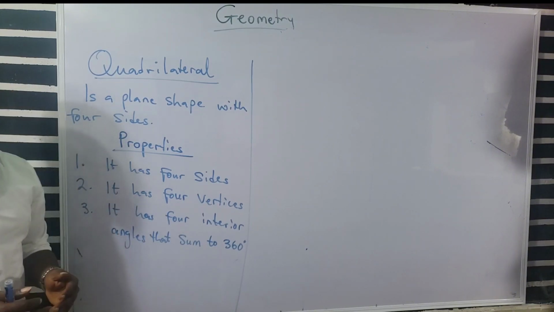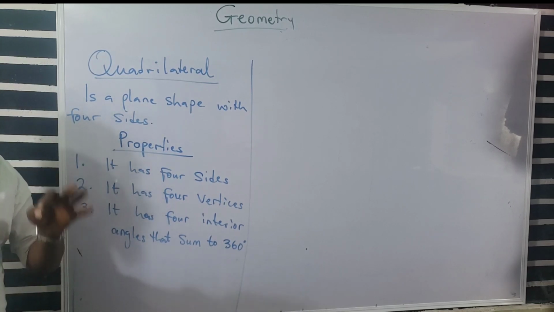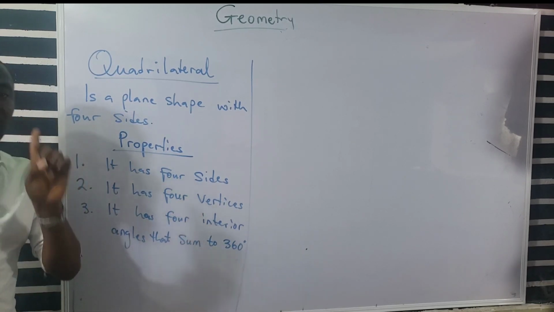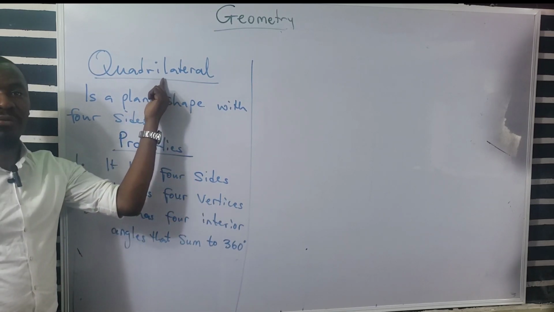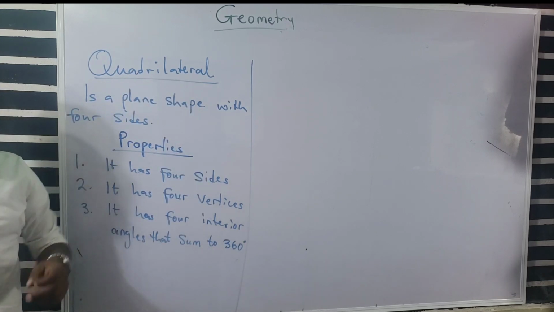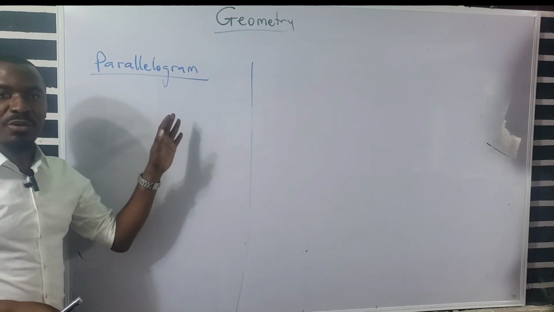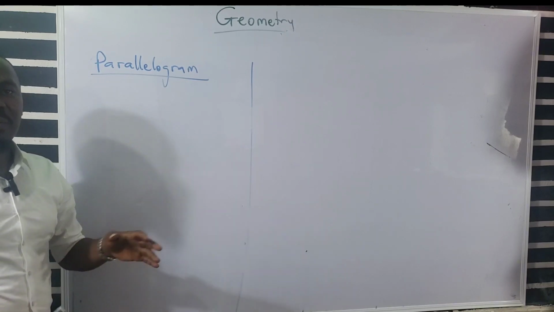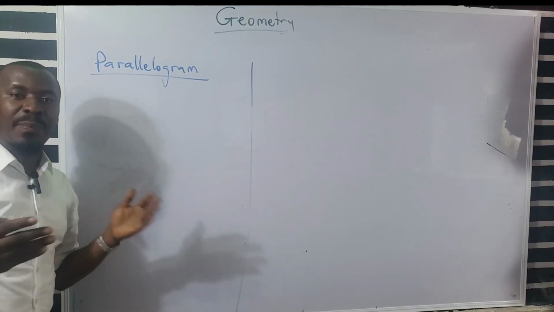Okay, so we are going to look at the parallelograms and the non-parallelogram, starting with a parallelogram, because a parallelogram and a non-parallelogram are two classifications of a quadrilateral. Okay, so let us look at parallelogram first. Now, a parallelogram is a shape whose two opposite sides are parallel.